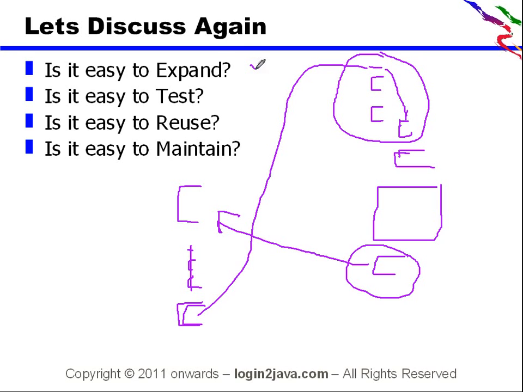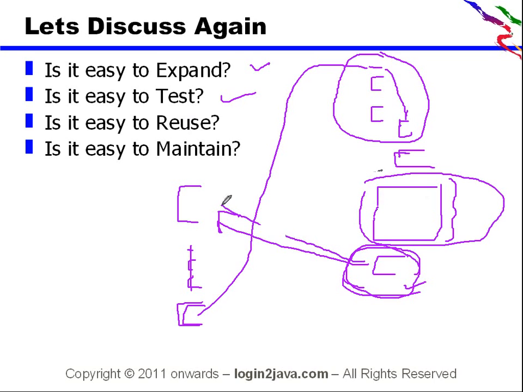It is easy to test also, because you are creating separate code. You need not test the already working functionality. You just test the new one. It is easy to reuse. You need not supply a new jar. You can just give a patch to the client. So just supply this patch and this will work with all the clients that are using it.